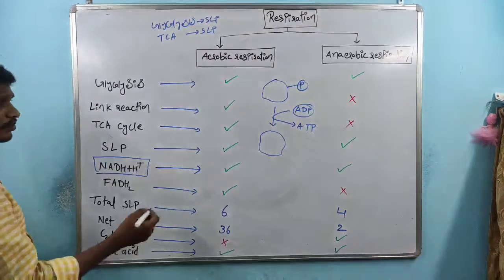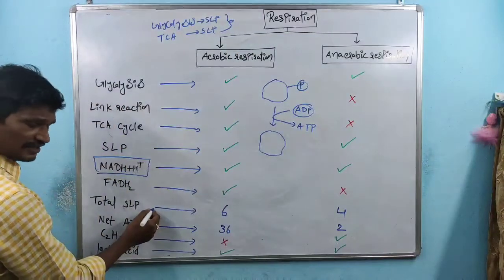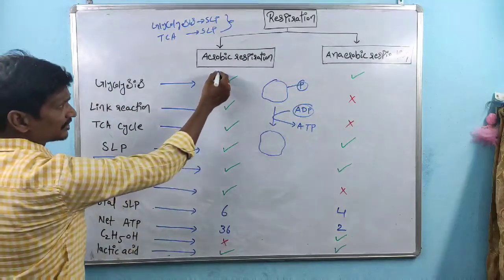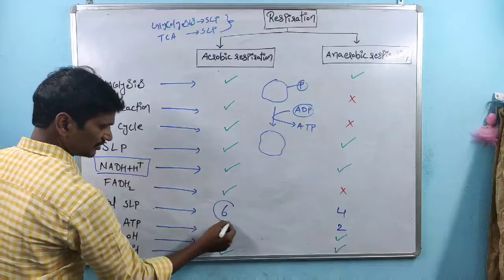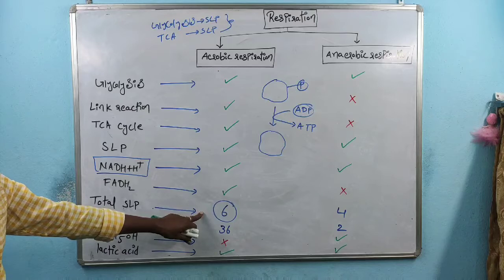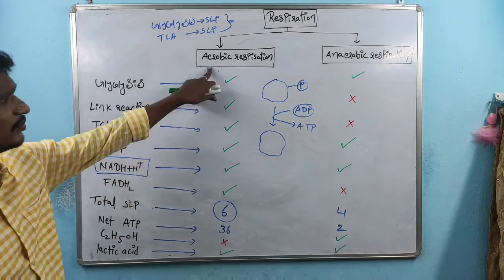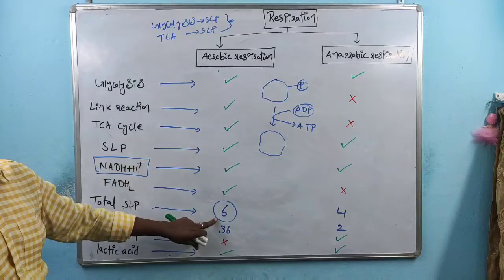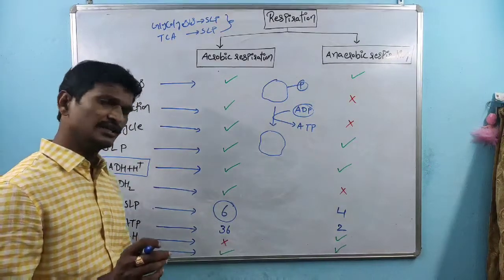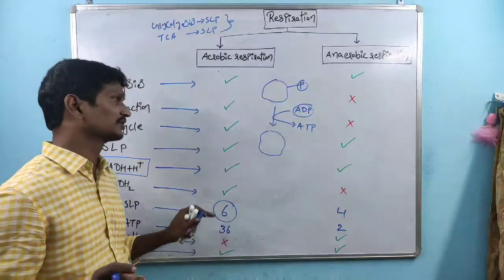So the total number of substrate level phosphorylations in aerobic respiration is 6. Right? Simple.